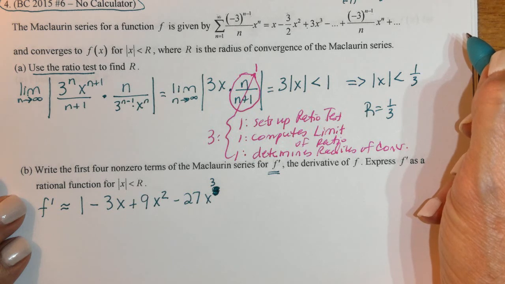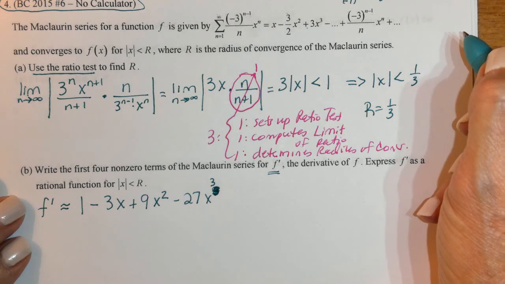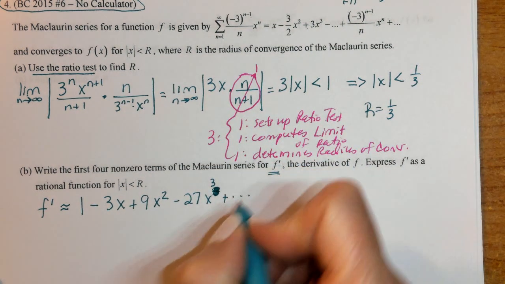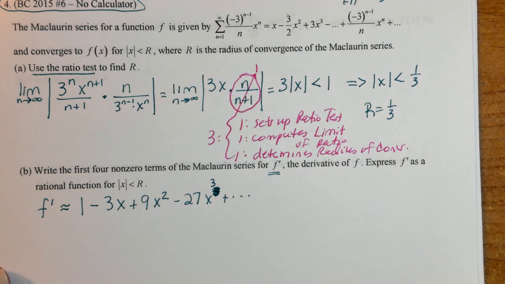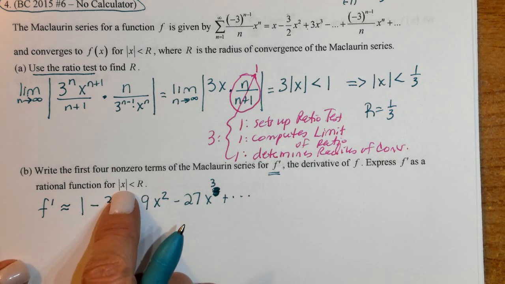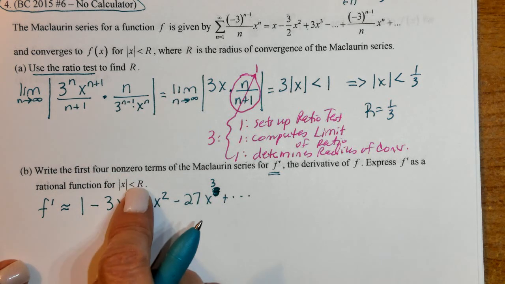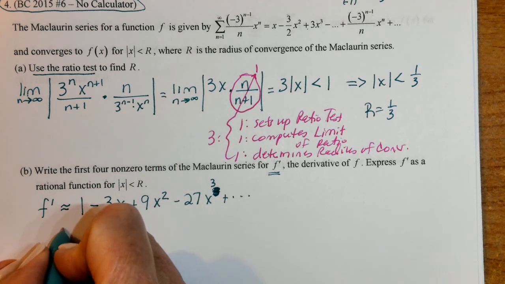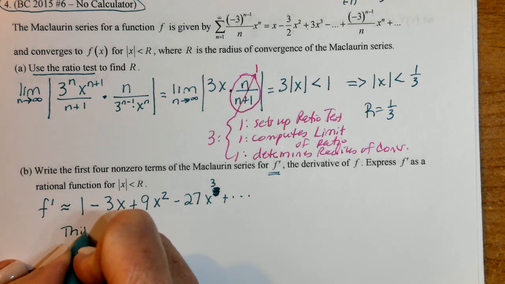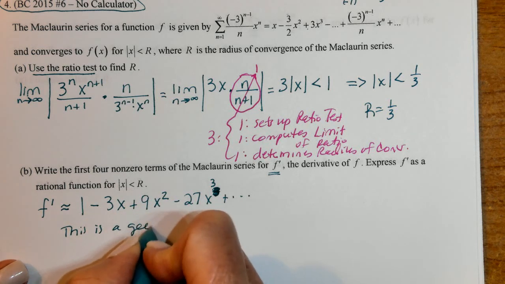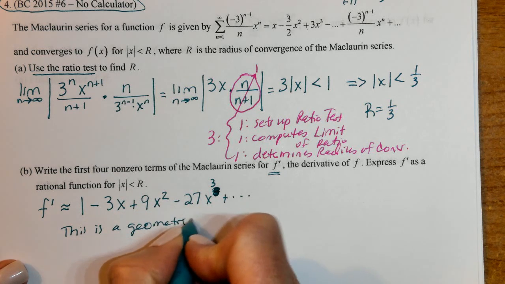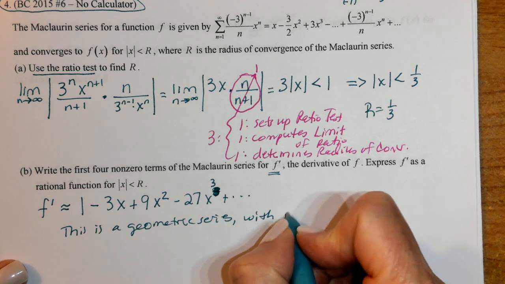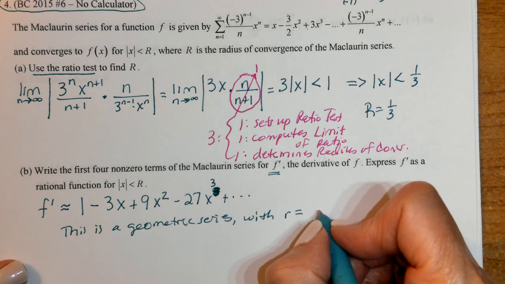Okay. Now we want to express f prime as a rational function on our radius of convergence. So this is a geometric series with the common ratio being a negative 3x.